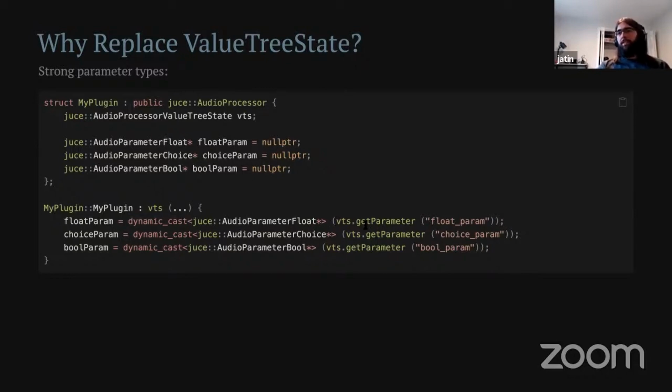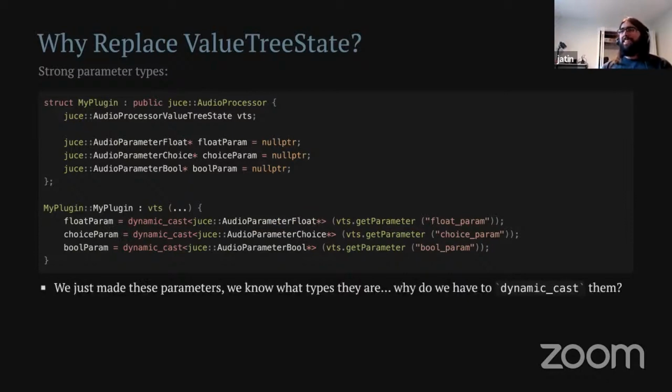Instead of calling your get raw parameter value or whatever it is, you have to call get parameter and then dynamic cast that parameter to your parameter type. And this isn't so bad, but it's kind of annoying because I just made this parameter. I know what type it is. Why do I have to dynamic cast to get back to the type that I just created?